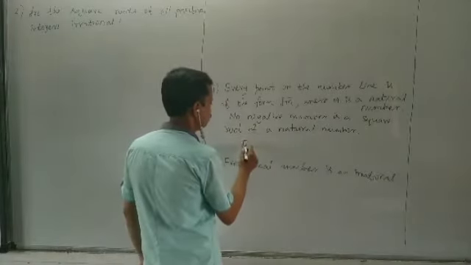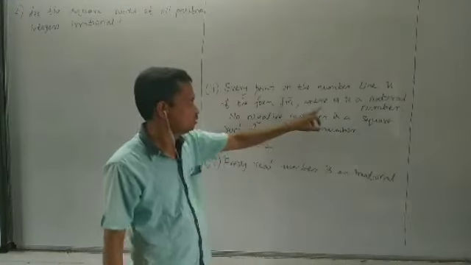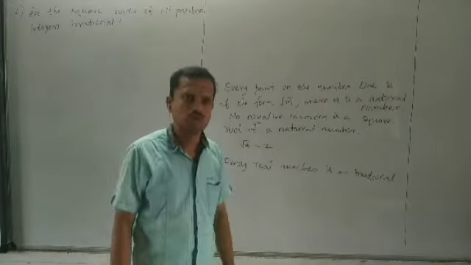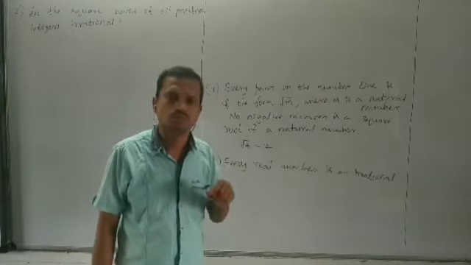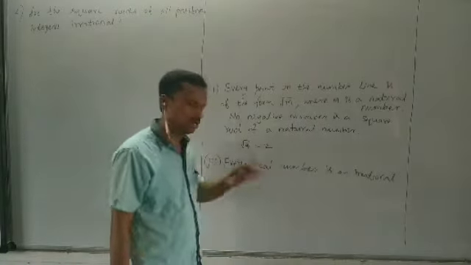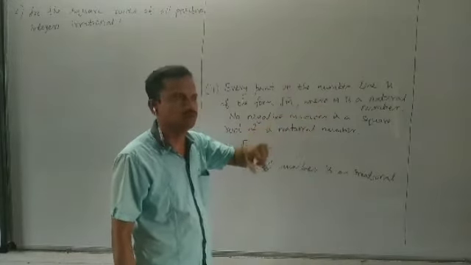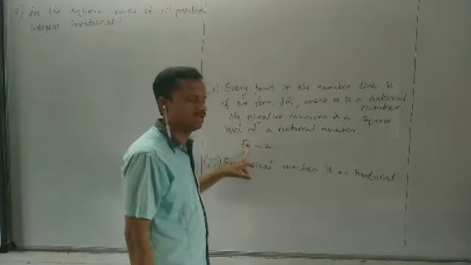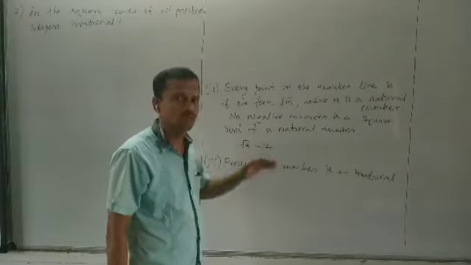For example, root 4, you get 2. Don't say minus 2 because m is a natural number. Natural number means only positive number, 1, 2, 3, etc. If you take square root of a positive number, the answer should be positive.